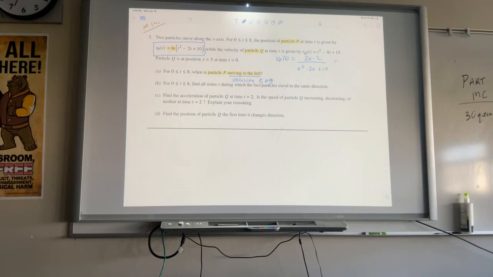Very good. We set that equal to 0, and we make a sine line graph, correct? Okay, we set equal to 0, make a sine line graph. Now you guys look. When does the top equal 0? At 1. Very good.